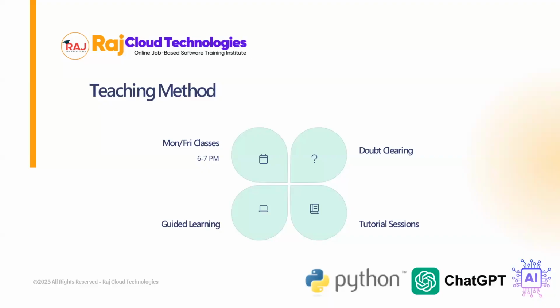All of this will be given with live recorded sessions, as well as other websites where you can learn with a lot more ease and practice. All that will be provided to you.